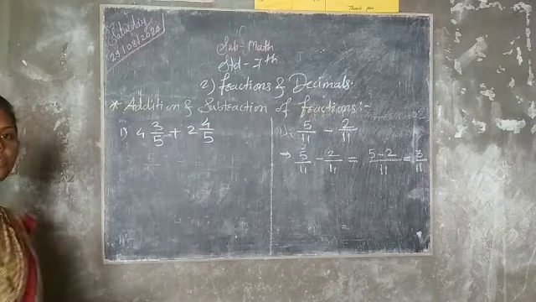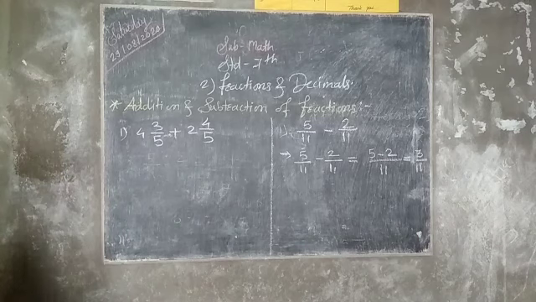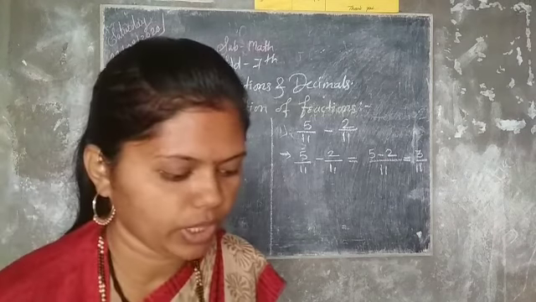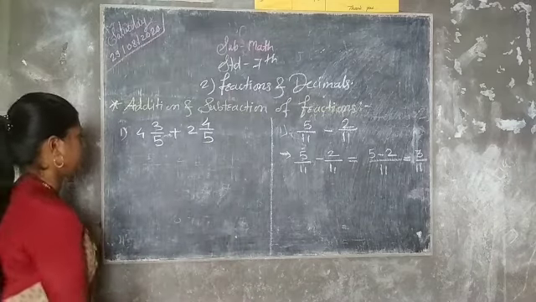These are mixed fractions, but if you check, the denominator is the same. So how can we do their addition and subtraction?